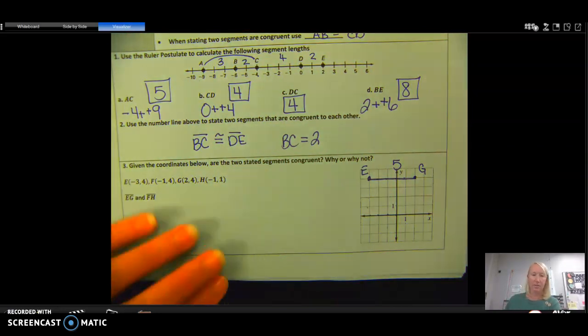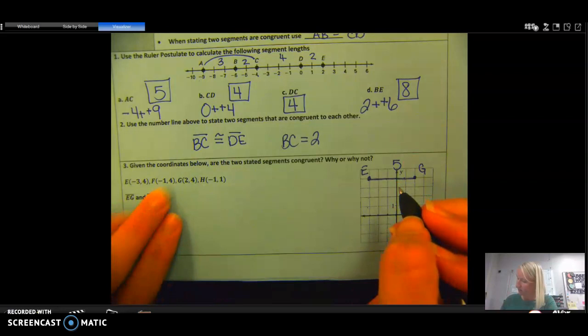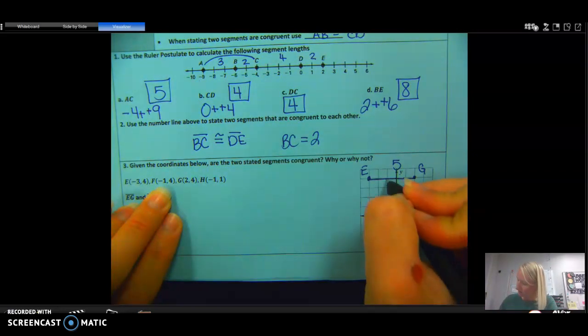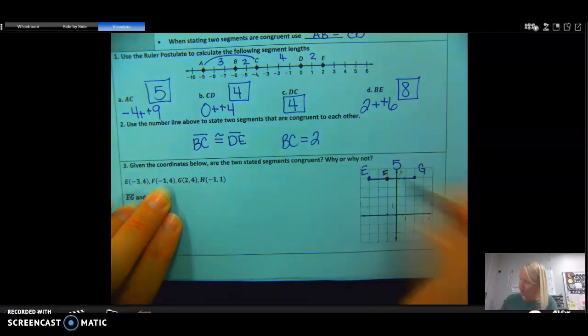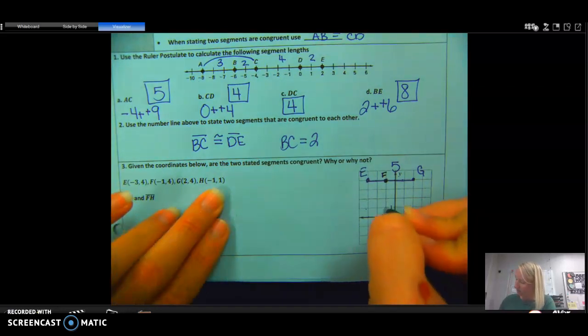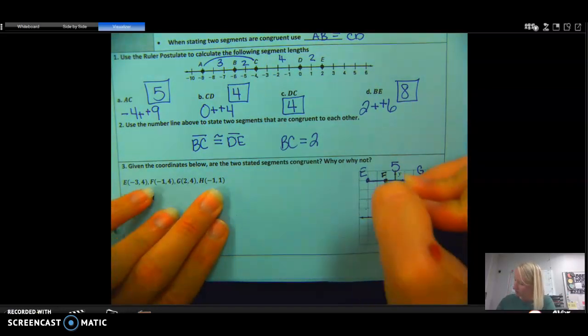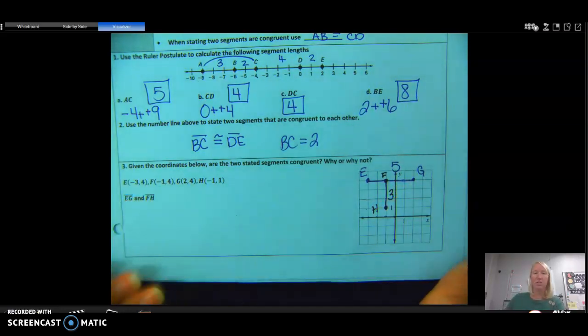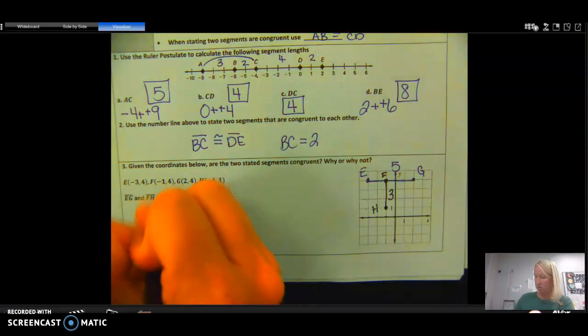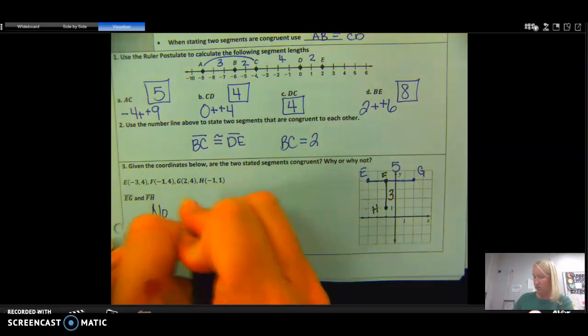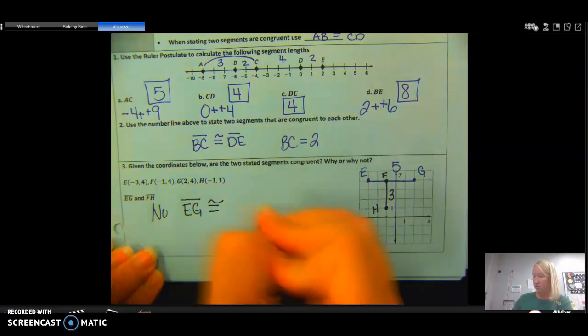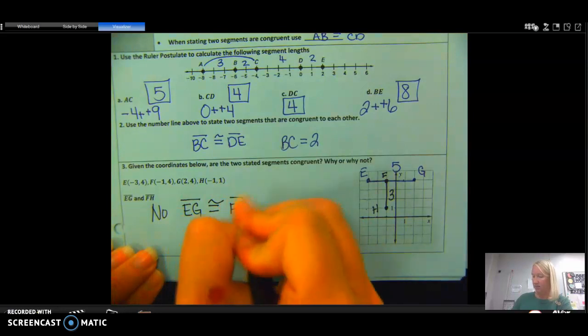The other segment that they're talking about is F to H. F is at -1, up 4. So we can call that F. H is at -1, up 1. That's H. Connect those. That has a length of 1, 2, 3. So are they congruent? No. I'm going to put the congruent symbol, EG and FH, but they are not congruent.